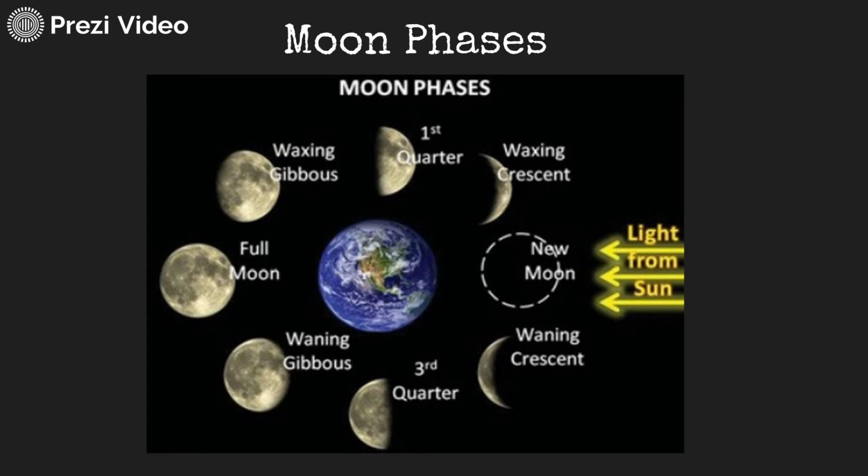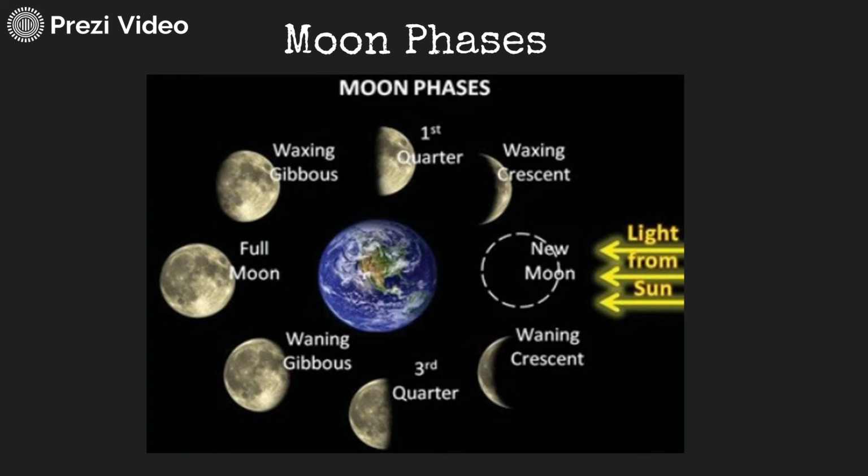And the full moon happens when it's on the opposite side of the earth from the sun. We actually get the best view of it. And then we have a waning gibbous. So waning means now it's starting to be less visible to us. Gibbous means there's still more of the moon to see than less shadow.